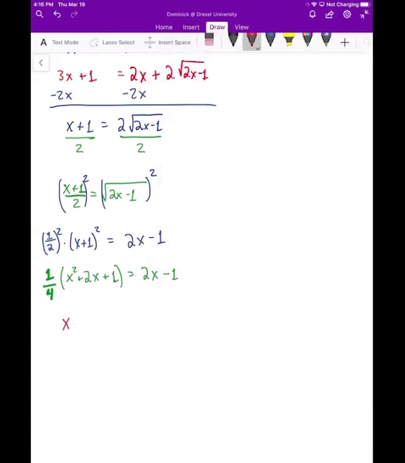So I can write this as x squared plus 2x plus 1 is equal to 8x minus 4. Right? So this was multiply both sides by 4. So now we have a quadratic, so let's move everything over. We'll add the 4.